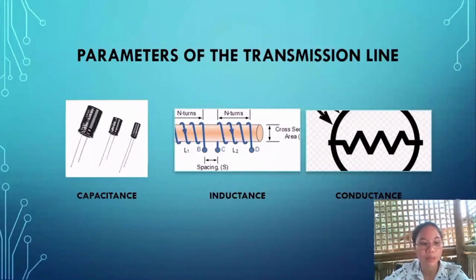So the four parameters of the transmission lines are represented as R, L, C, and G. We have now finished discussing the parameters of the transmission lines.